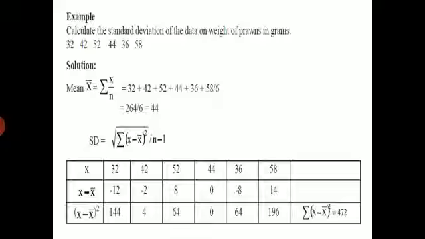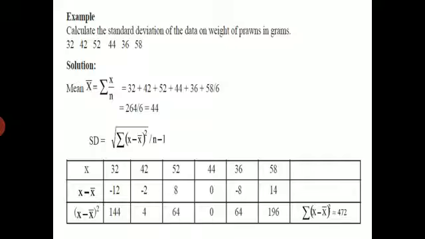So the mean x bar is equal to summation x divided by n, which is 32 plus 42 plus 52 and so on, all values added, divided by 6. So it is 264 divided by 6, so the mean x bar is equal to 44.